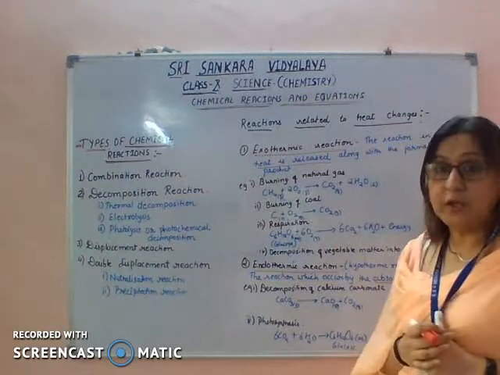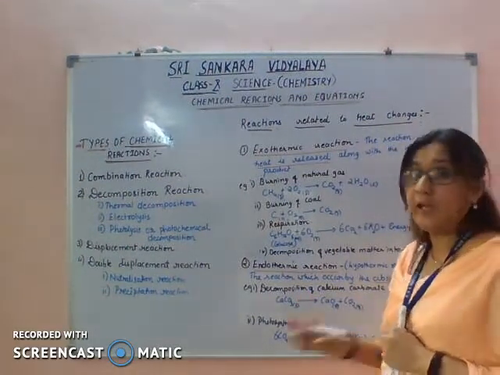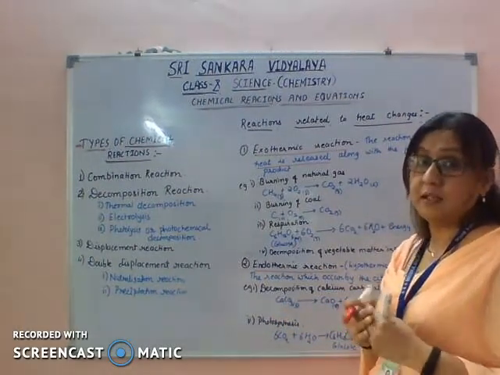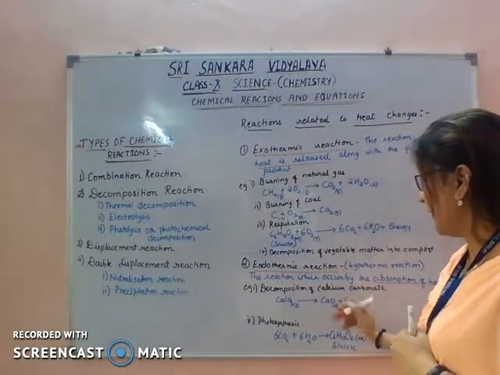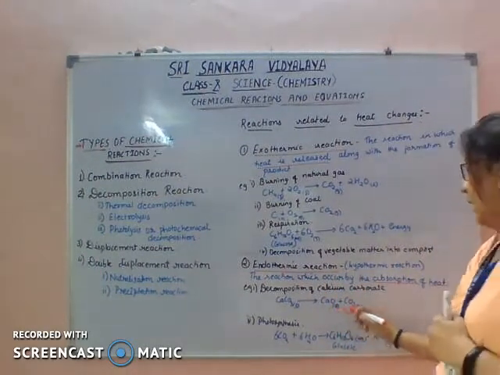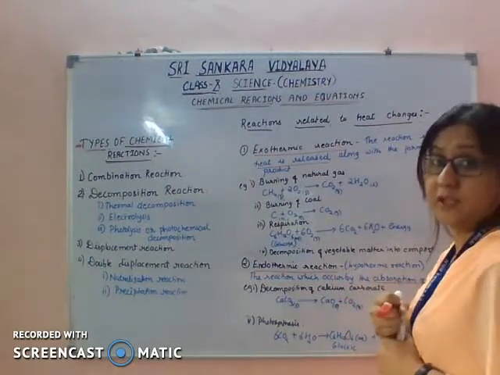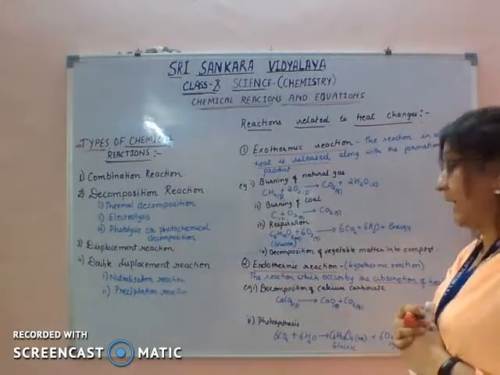An example is decomposition of calcium carbonate. When calcium carbonate decomposes, it gives CaO, that is quicklime, and CO2. Heat is absorbed in this process.